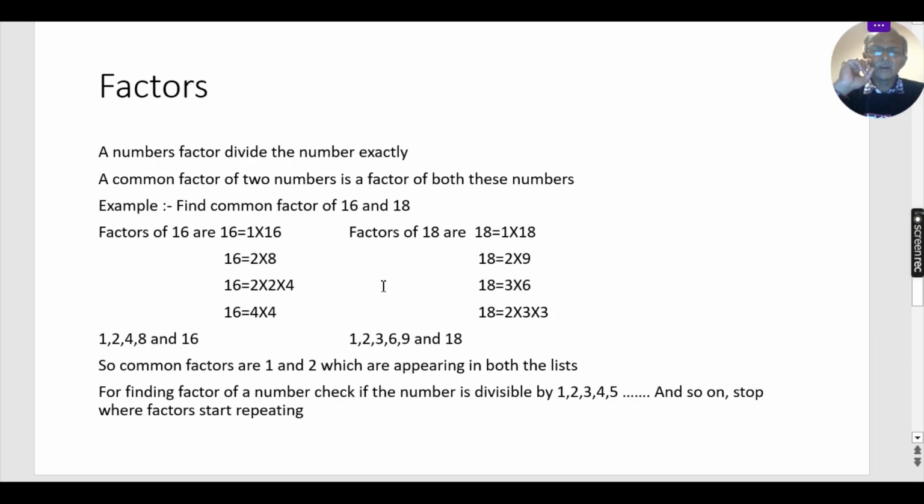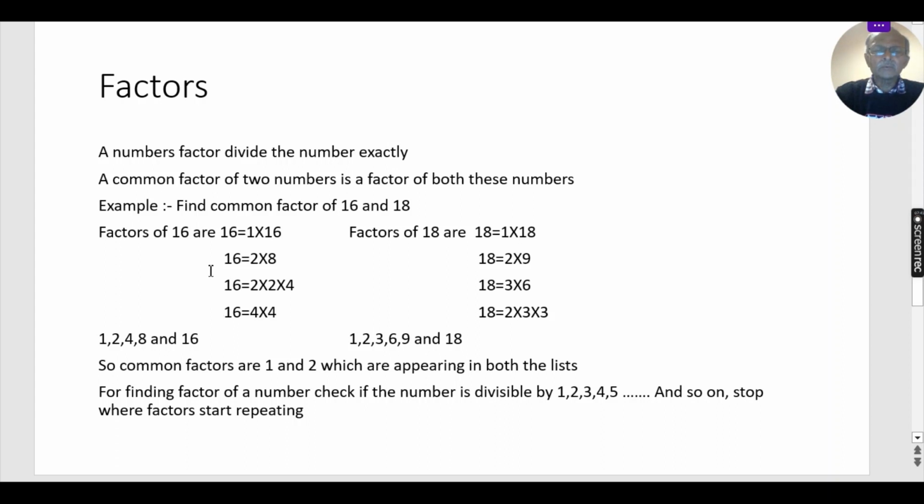There is no further use of writing or repeating the same number, because the factors will be taken only once. Say in this example, we have 2 here, then 2 into 2 here, 4 into 4 here, but we have taken only 4 as the factor. So what is the point of repeating it?